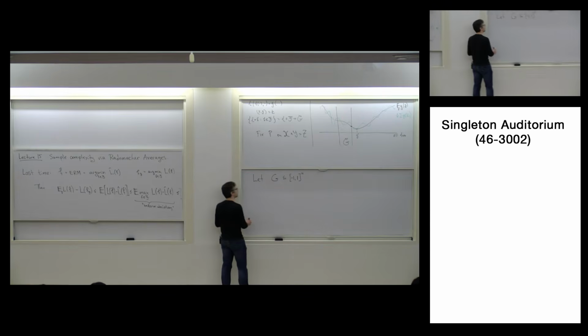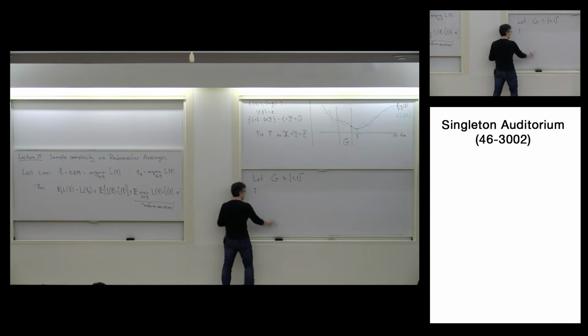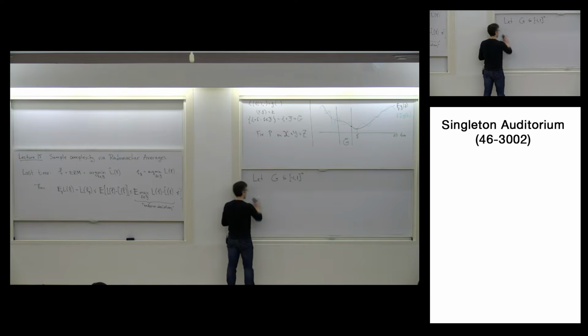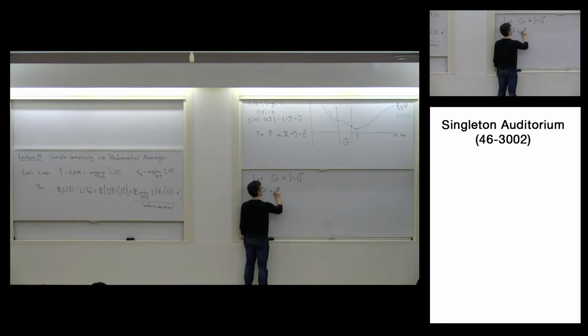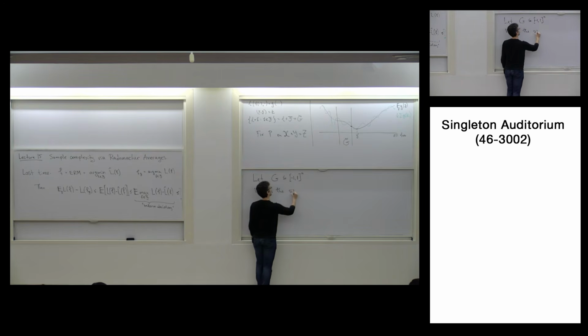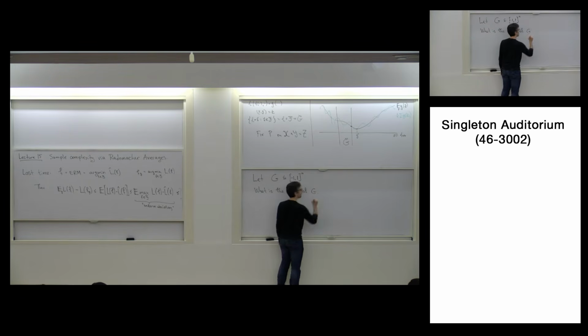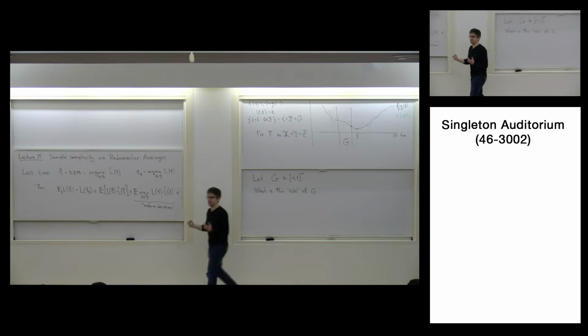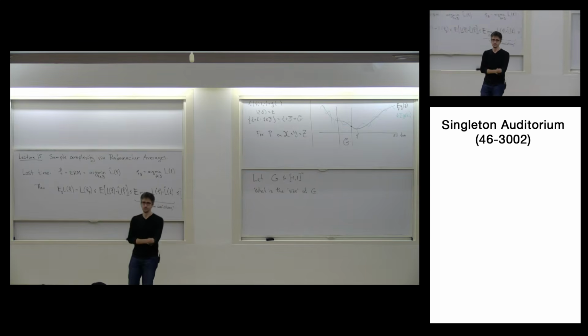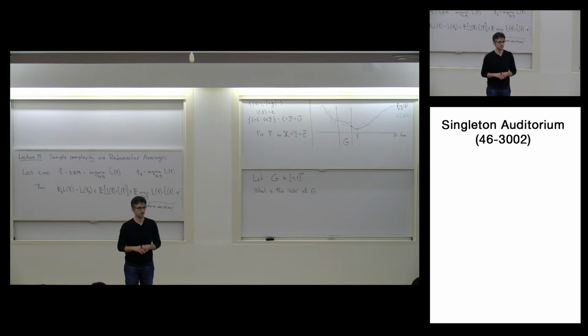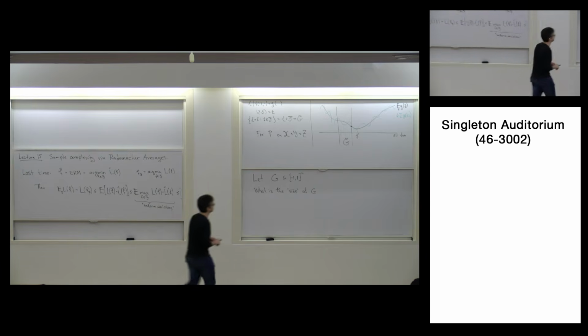And I want to understand what is the size of this set. This is a vague question, but let's see. What can I do to see how large it is? It's some subset of the cube, right?